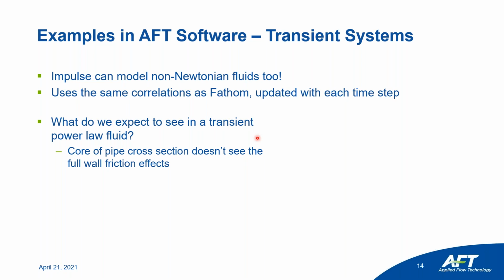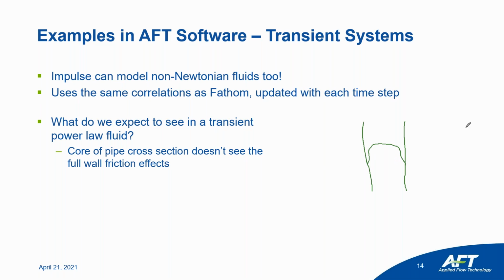But as we change the velocity of our fluid, we change that boundary layer. So if I draw this here, when we have our pipe, we have some velocity profile that might look like this, where we've got a low velocity and high wall friction over here, and we've got this constant higher velocity that's not seeing our wall effects, and then again, we've got the boundary layer on the other side.